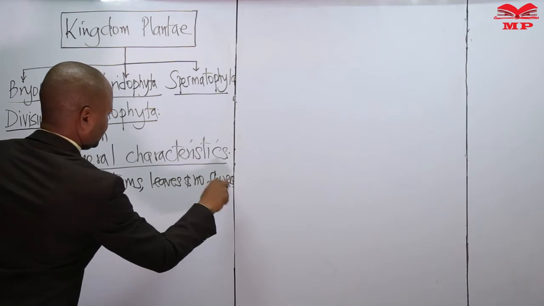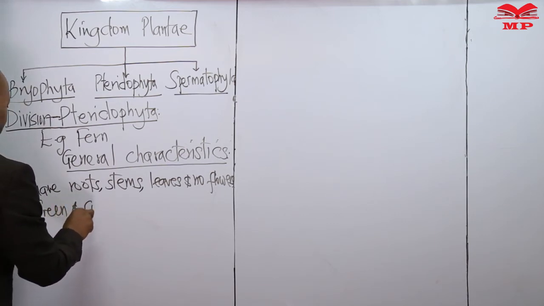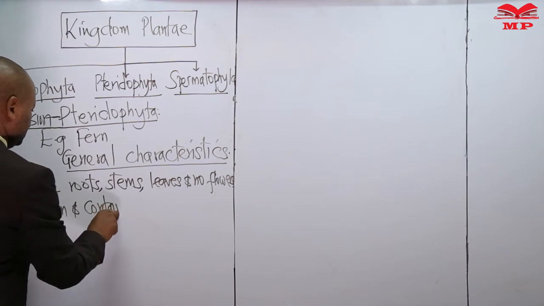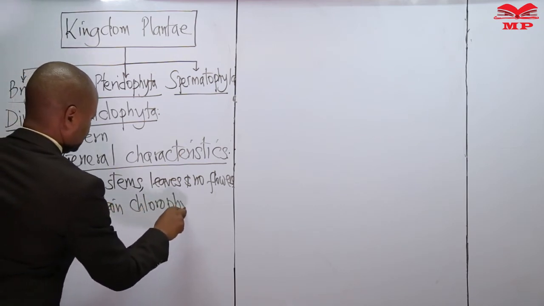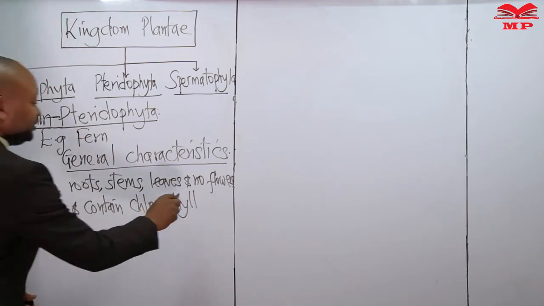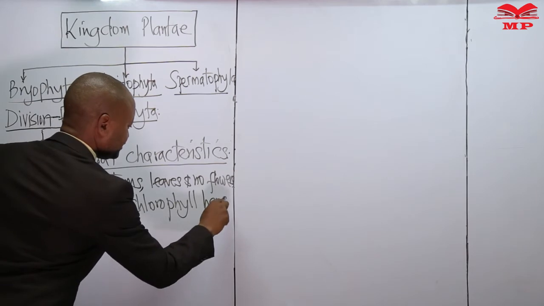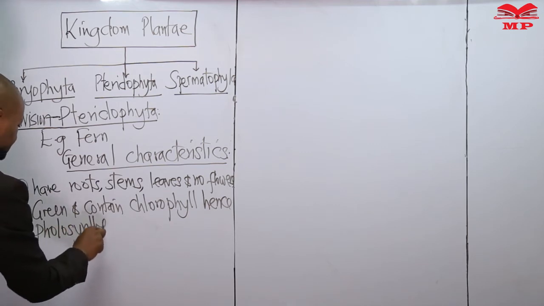They are green and contain chlorophyll. And when they contain chlorophyll, it means they photosynthesize. Hence, they photosynthesize.